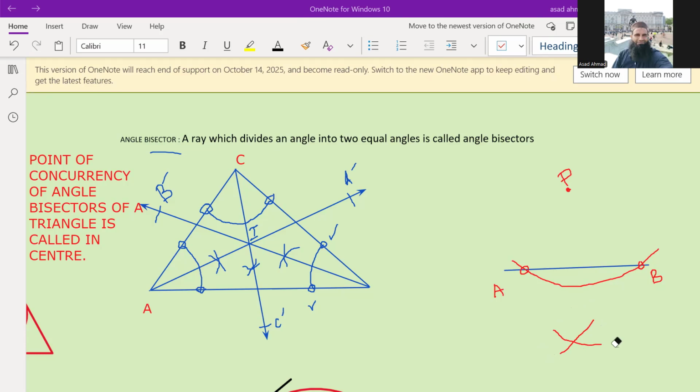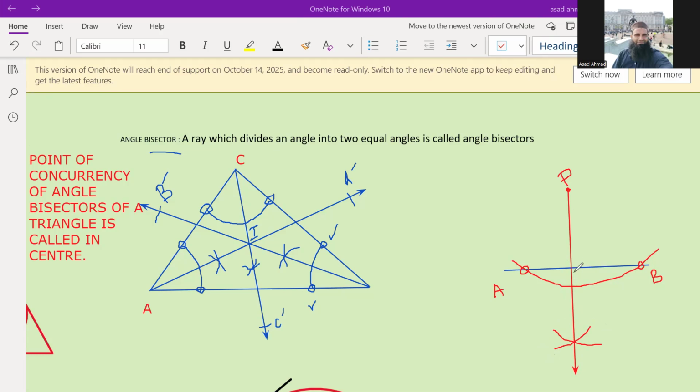Let me draw the arc first, and I will complete the arc in fact. So first I have to draw the intersecting arcs and then I have to draw the perpendicular.